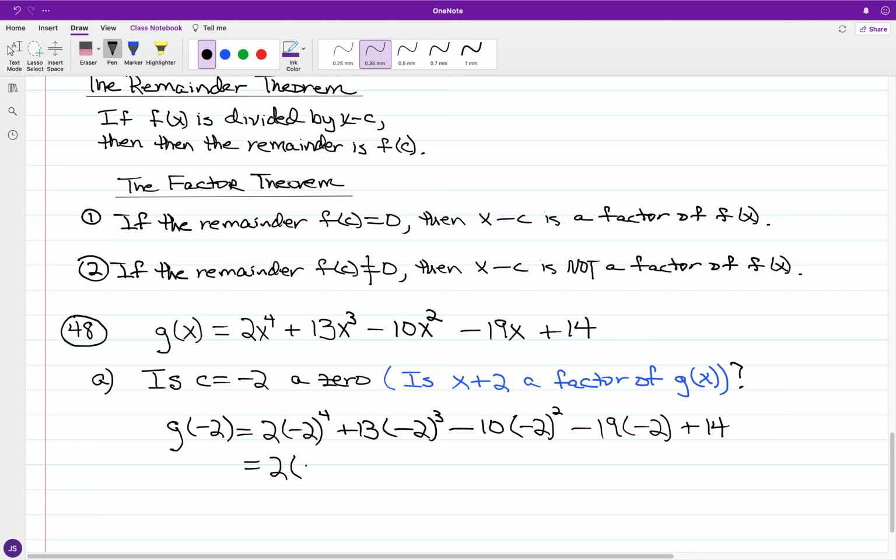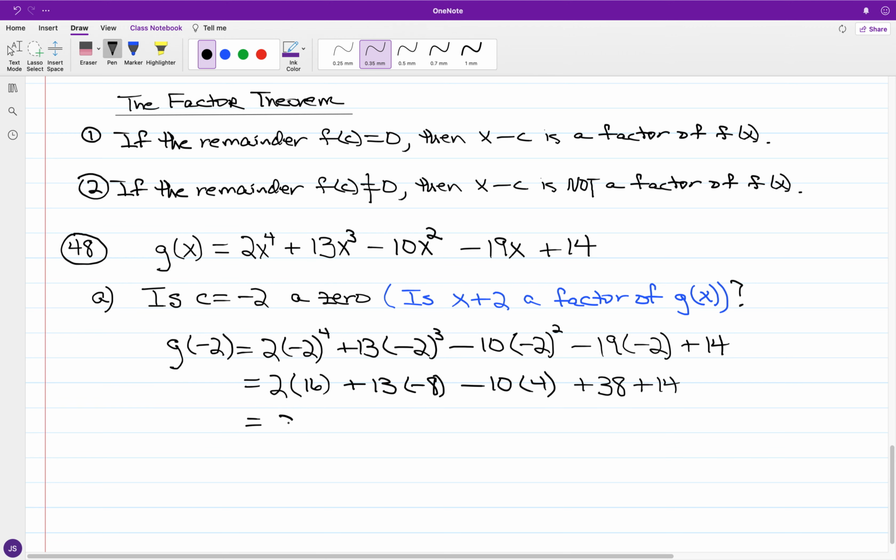Following through, -2 to the fourth is going to be 16. -2 to the third is -8. And -2 squared is 4. -19 times -2 is 38. And we have plus 14.